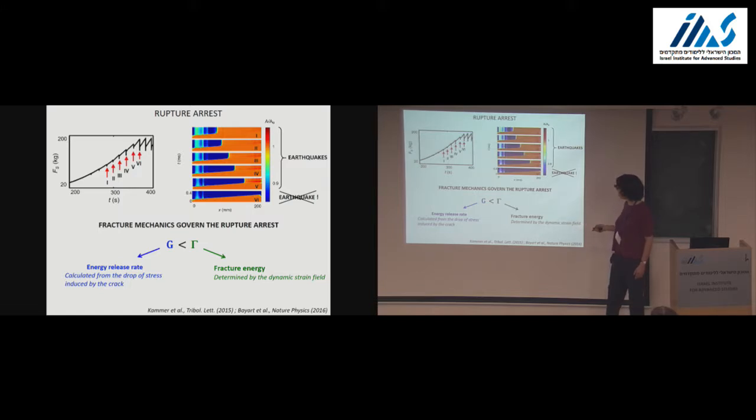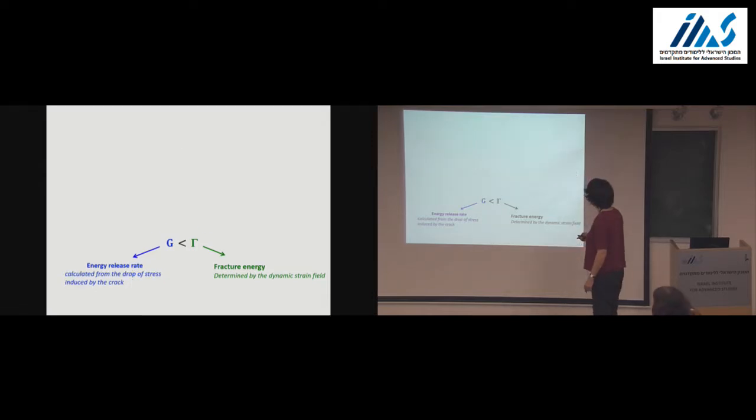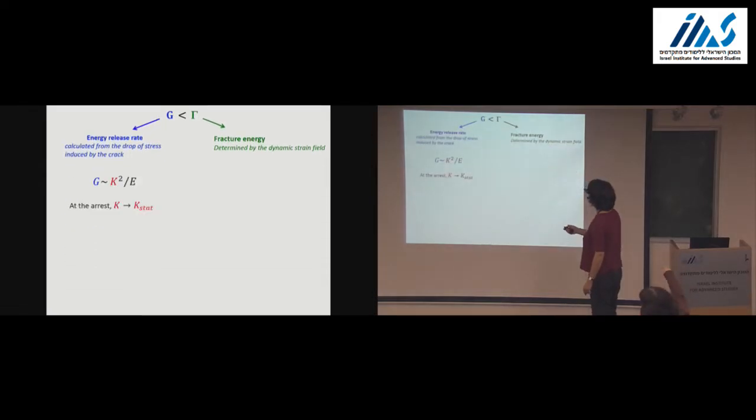Then in our experiment, we measure the fracture energy by fitting the dynamic strain field. But we can also measure G, or calculate it, from the drop of stress induced by the crack propagation, the rupture propagation. Then G is related to the square of the stress intensity factor. E is the Young modulus.